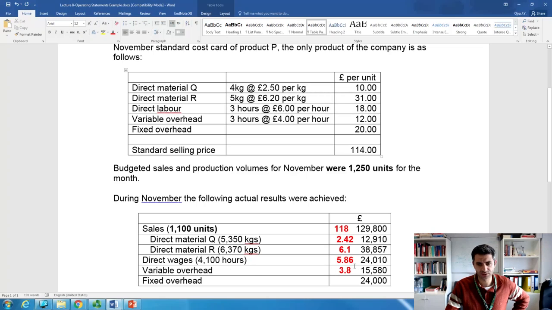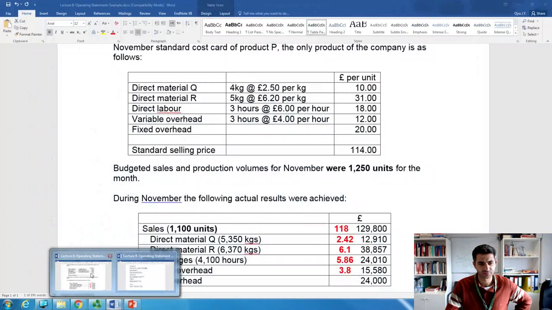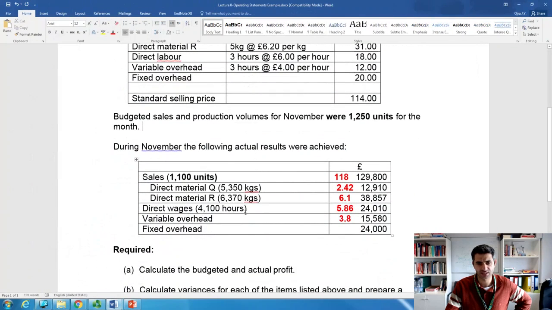As you see here, we did it, it's almost 5.86. Yeah, as you see, 5.8 or so. As I mentioned, it's estimation. You need to keep all the decimals on the calculator, and then you multiply by the actual hours, which is 4,100 hours.